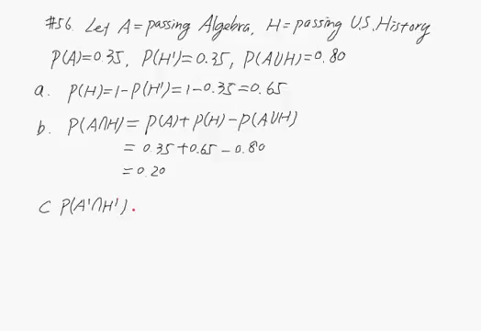Once again, we need to use De Morgan's law, and this is equal to the complement of A union H. Then by rule 6, this is equal to 1 minus P of A union H. So this is equal to 1 minus 0.80, right? And this is equal to 0.2.